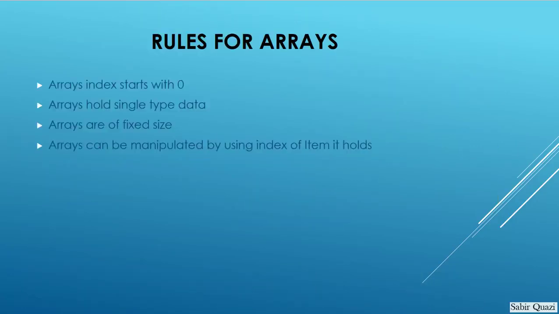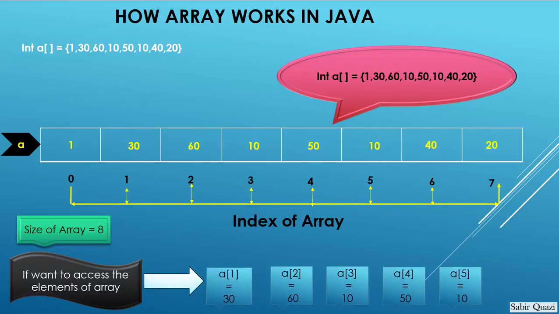So what are the rules? There must be some rules for arrays. The rules are: an array's index starts with 0. In our example we can see that the array starts with index 0, which holds the value 1, and continues till index 7, which holds the value 20.